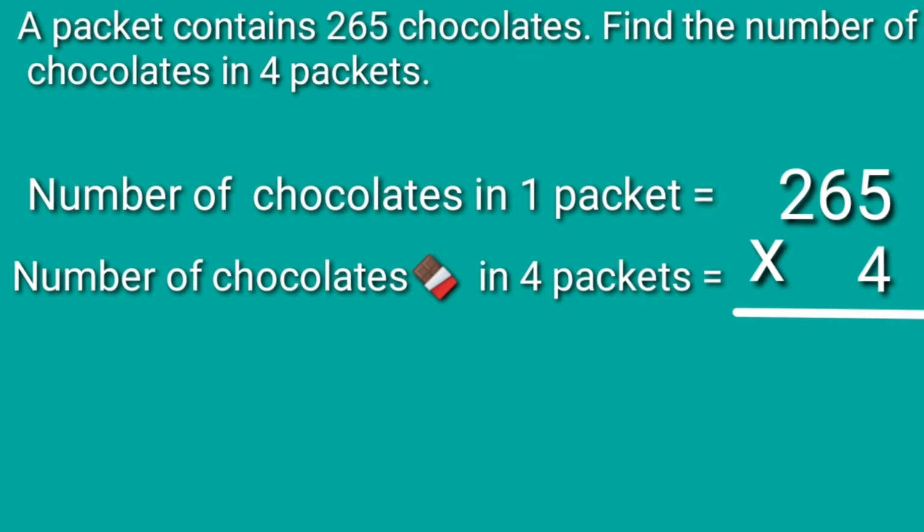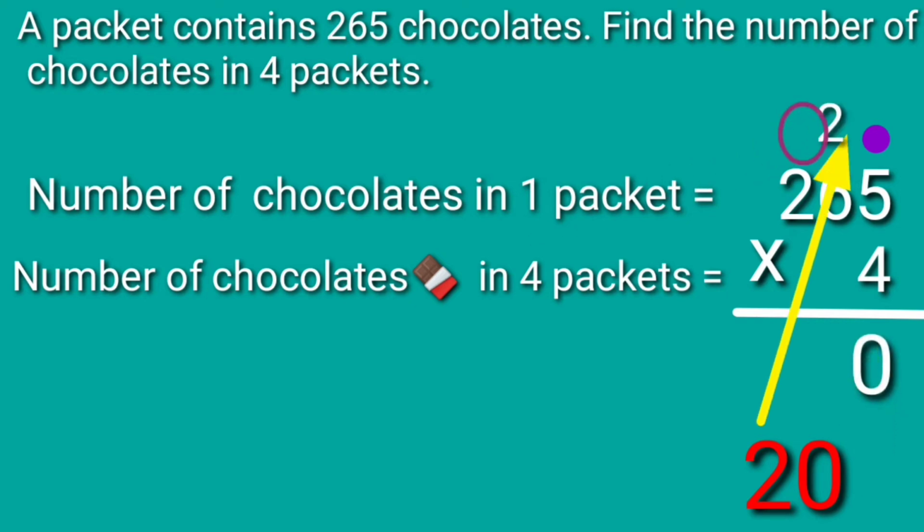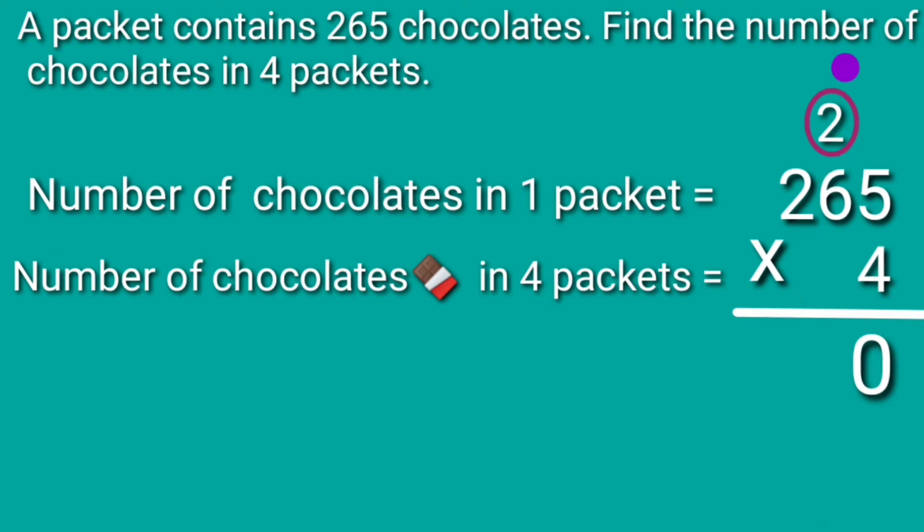Okay, let us start. 4 by 5. Here we need to recall the multiplication table of 4 or 5. 5 fours are 20. Let us write this 0 under the ones place. This 2 is carry over. It goes to the tens place. Then 4 by 6. Here we need to recall the multiplication table of 4 or 6. 6 fours are 24. 24 plus this carry over 2 equals 26.